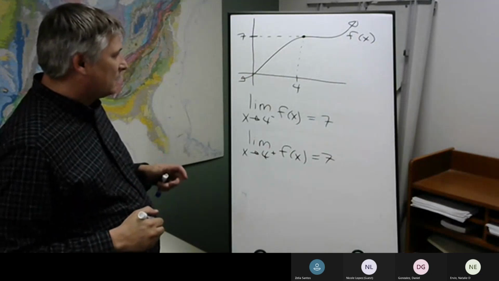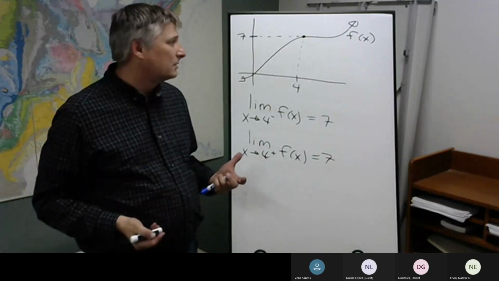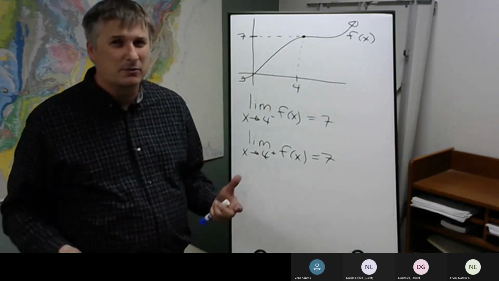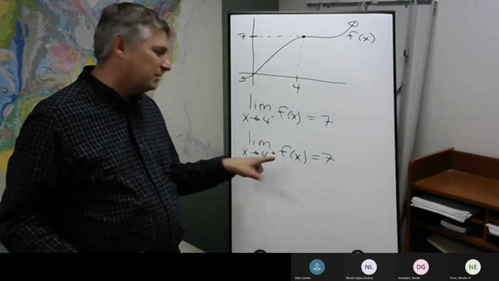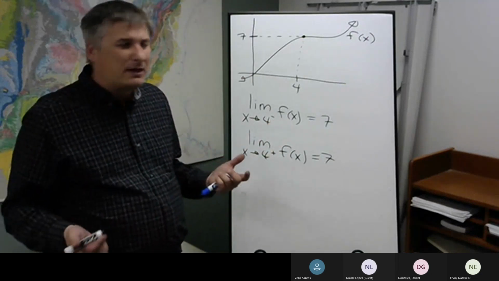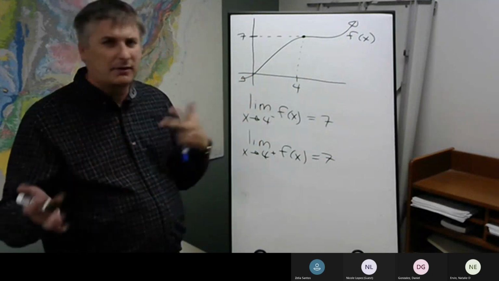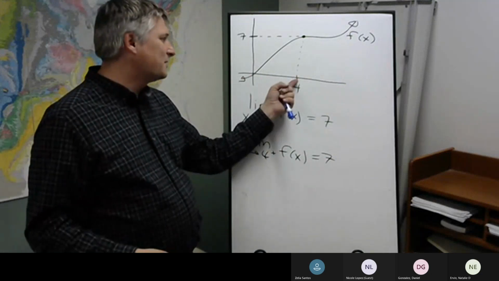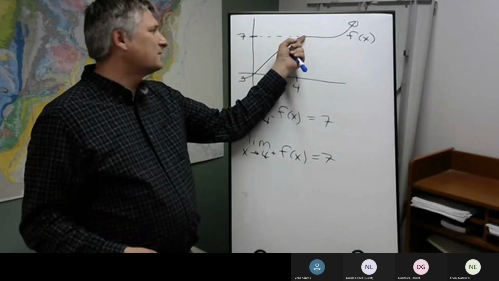So what we've done in the past, though, is we've dealt with this plain limit where we don't have minuses and pluses on our numbers. And if we go back to this idea that regardless of left or right, if x is near 4, f of x is near 7.